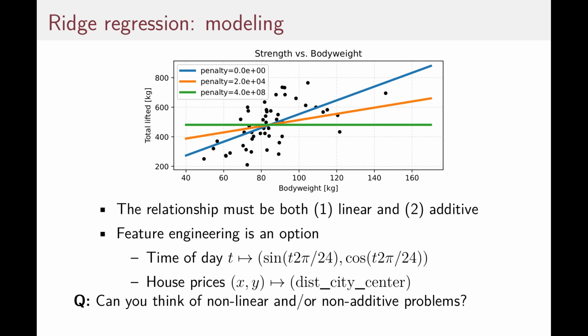In some cities there might be something like a plane, like going west to east. That's thinkable. But you probably want to engineer some features like distance from city center. Typically, it's more expensive to live near the city center, whereas if you live in the outskirts of the city, it's cheaper. So you can use some domain knowledge, engineer some features, and that can probably help you quite a bit if you want to work with a linear model.